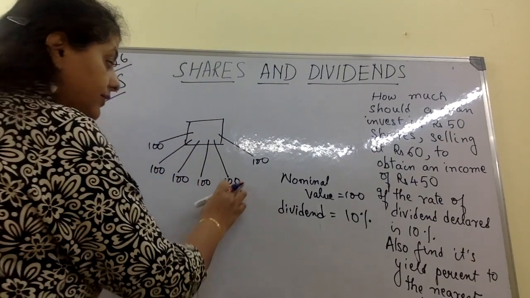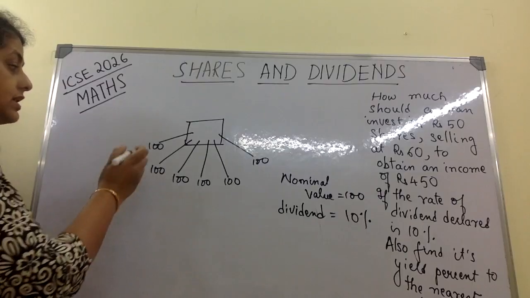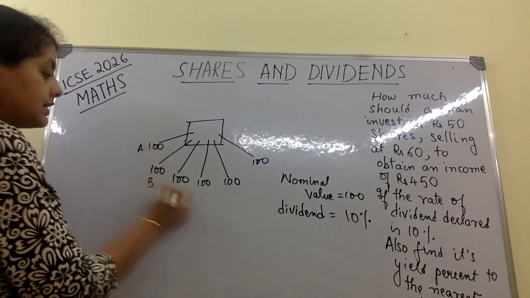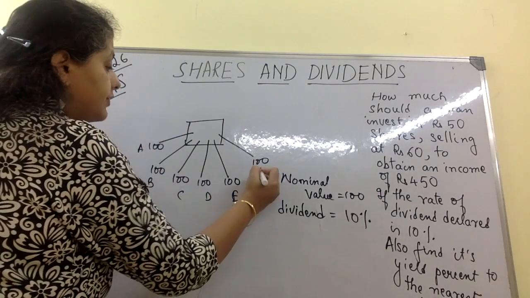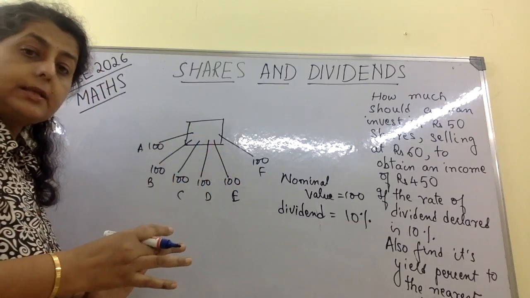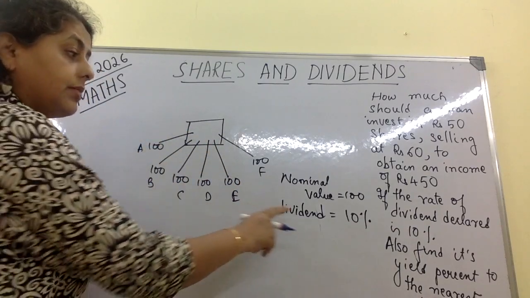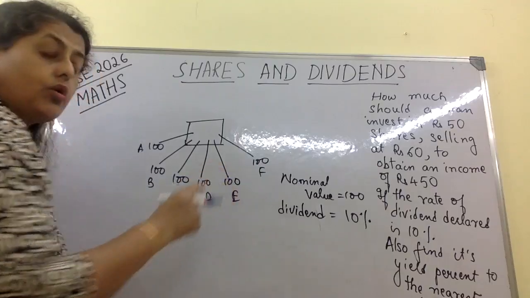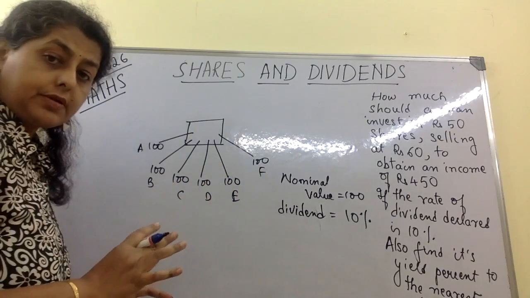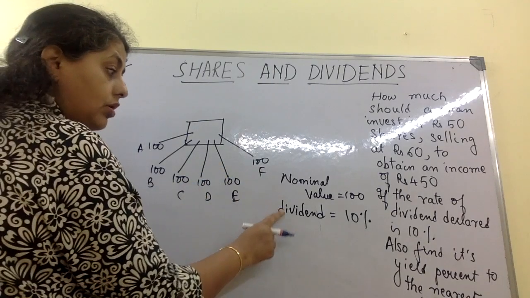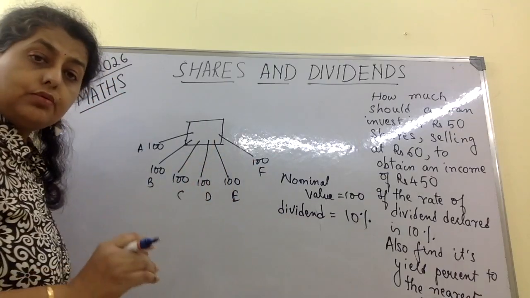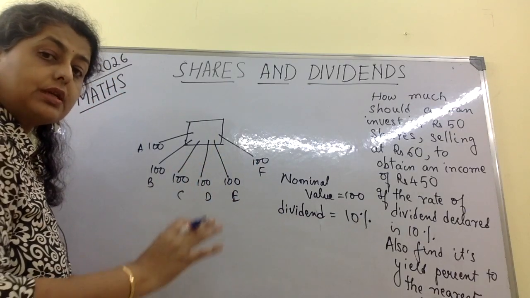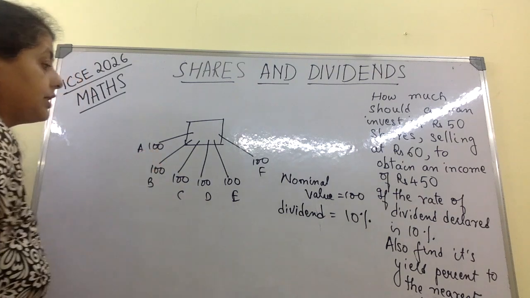If these people A, B, C, D, E and F are keeping the shares with them, in 1 year's time, the company will give them 10% of the nominal value of each share. Dividend is always on the nominal value of the shares. So the company gives them 10% of that.